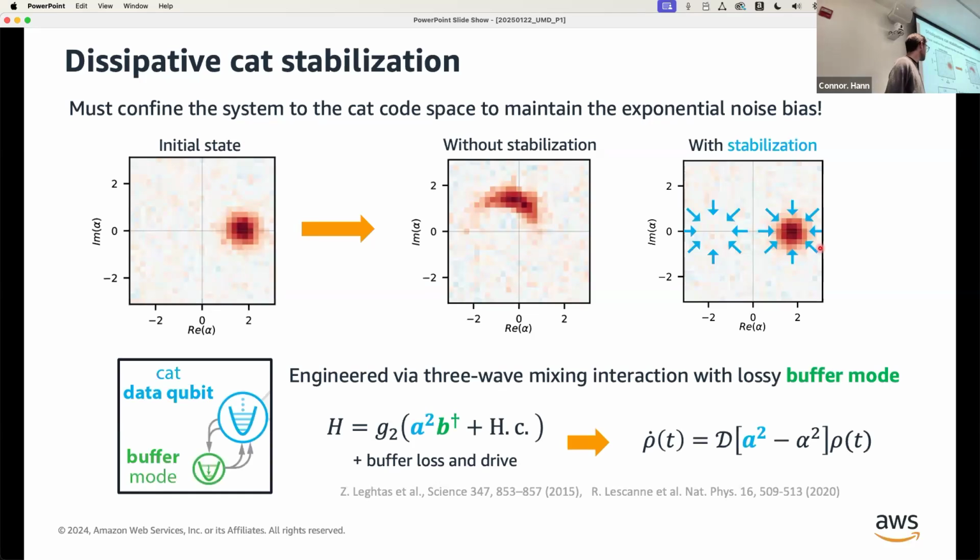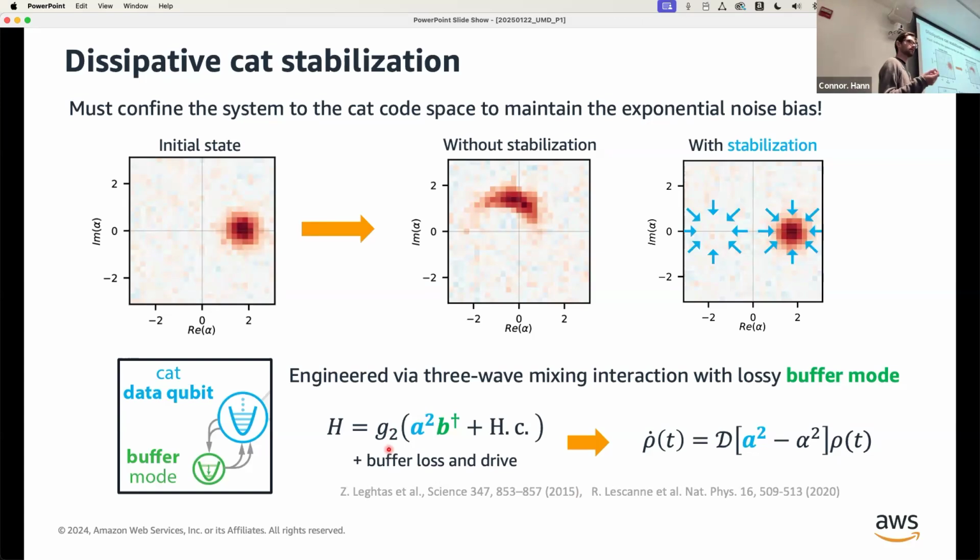In our experiment, I'll talk just briefly about how we can realize that kind of stabilization. We do so, following some of these prior works, by designing an engineered dissipation process in order to stabilize the cat-qubits. The basic idea is that we're going to couple each mode housing a cat-qubit to an additional bosonic mode that we call the buffer mode, that is a very lossy mode, so very strongly coupled to its environment. And then the coupling that we engineer between this buffer mode and the cat mode is shown here.